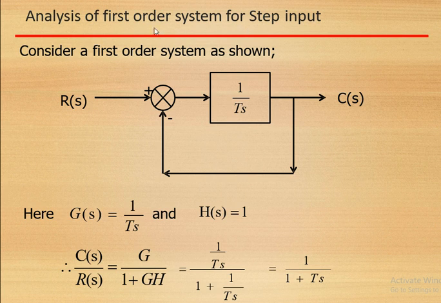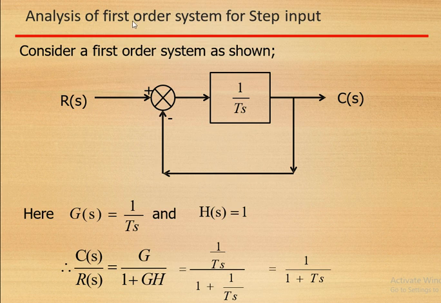Previously we have seen what do you mean by first order system, how to analyze or understand the basics behind this, and how to define the order of a system. You can see my previous lectures or previous slides, in which it is clearly given.